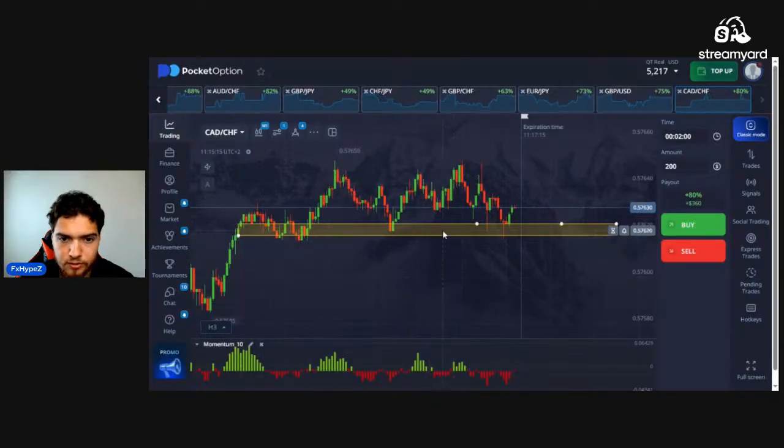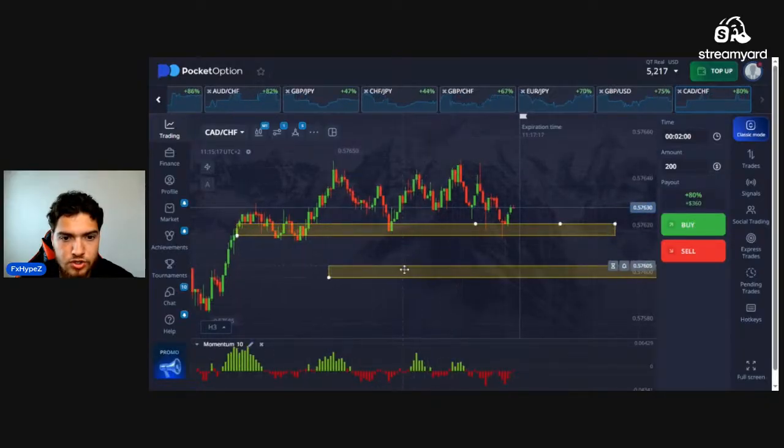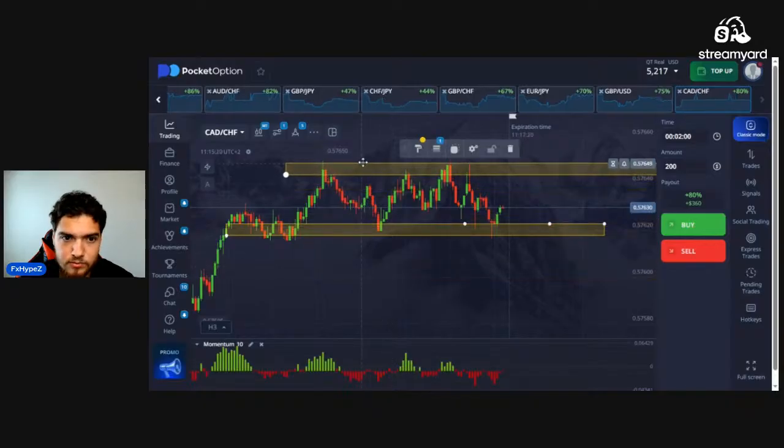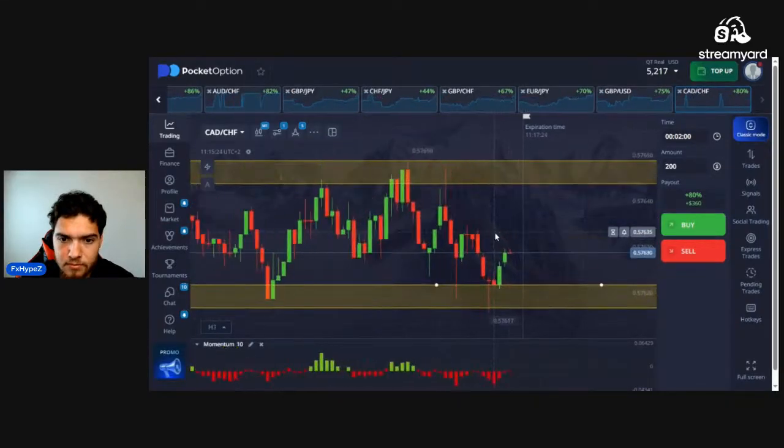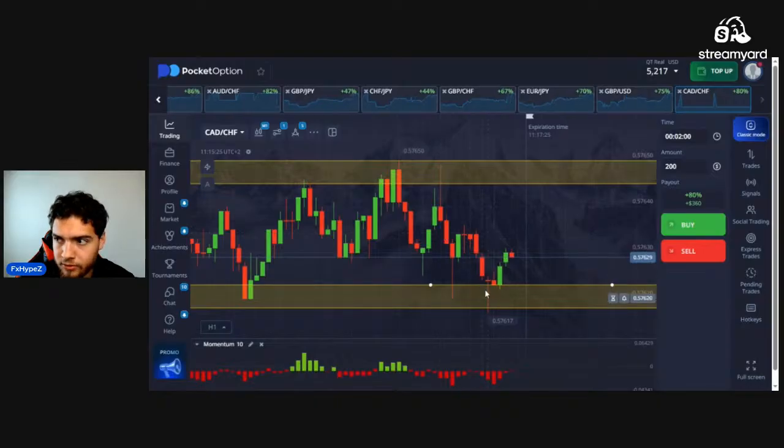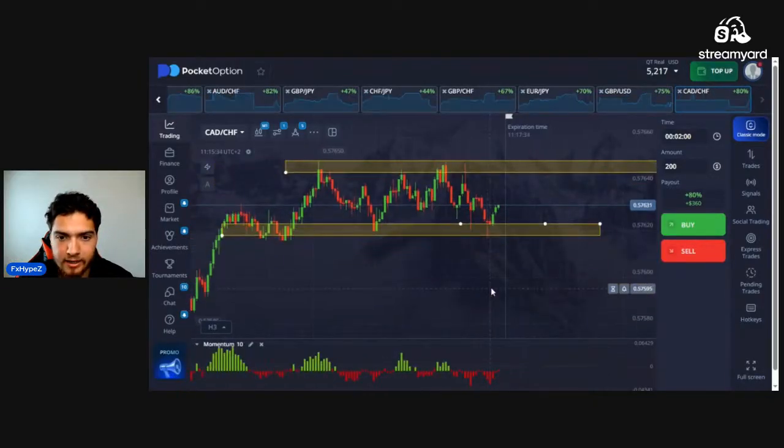Multiple rejections, which again, you don't want to be taking sells here. Price rejected off this support zone with this big rejection candle as well, so I'm not entirely keen to take sells.